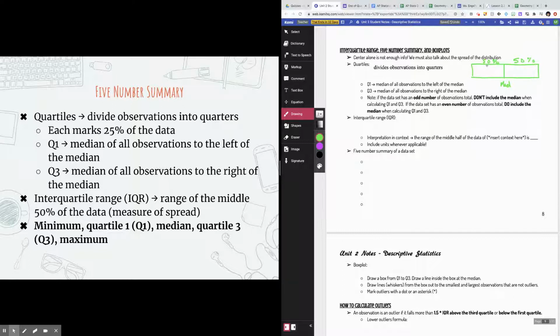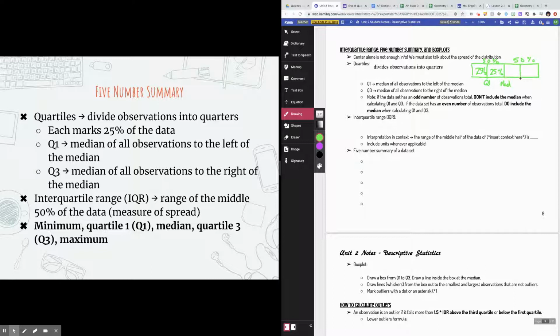The quartiles divide the lower half and the upper half in half, right? So quartile 1, which we normally notate with Q1, is the middle or the median of the lower half. So you have like 25% in the lowest quarter, 25% in the next highest quarter, then you get to the median.